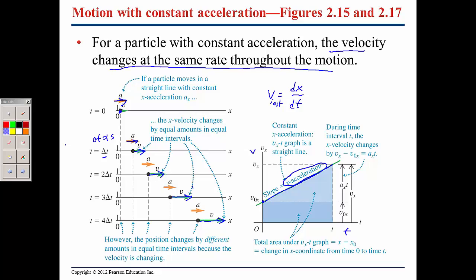For those of you that have had calculus, if you integrate both sides of this with respect to dt, then the integral of the instantaneous velocity with respect to time, that's simply the area under the curve, and that is equal to the position. So the area under the velocity versus time curve is also the position. Now if you haven't had calculus, don't worry, I'm not going to beat you over the head with that.